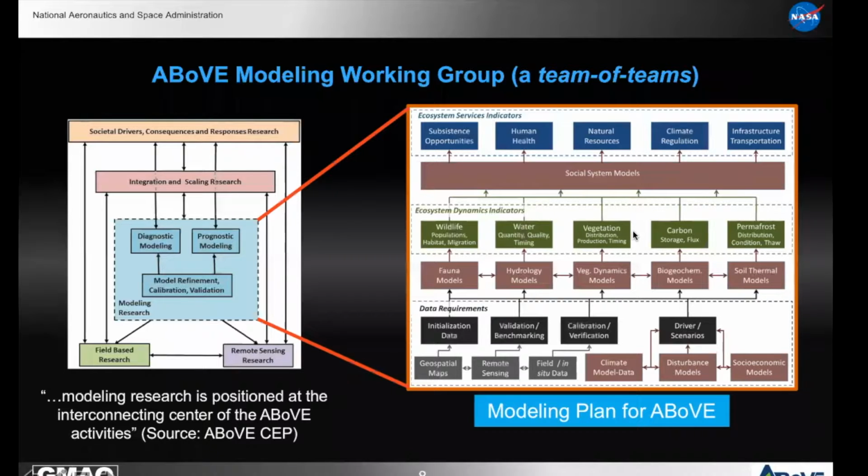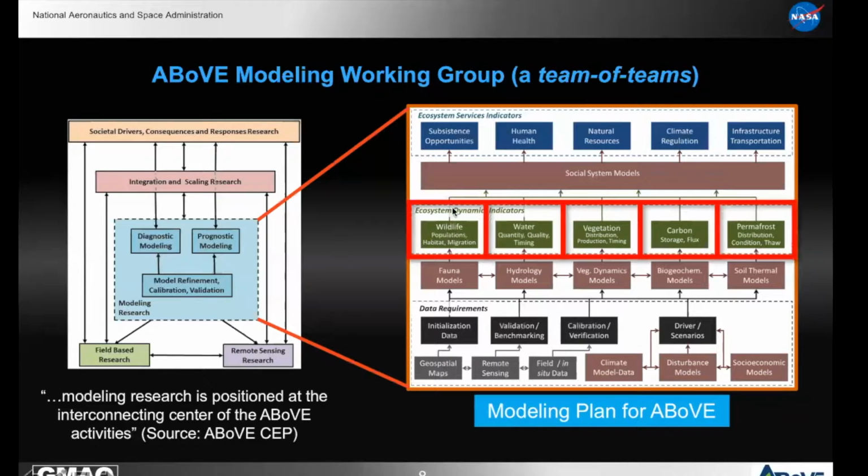But what also quickly becomes apparent is that the modeling working group cannot work on its own. It's really spread out across all different teams, and that is why we like to call it a team of teams, because it sits across all these different groups, gets information from all of them, and synthesizes it together.